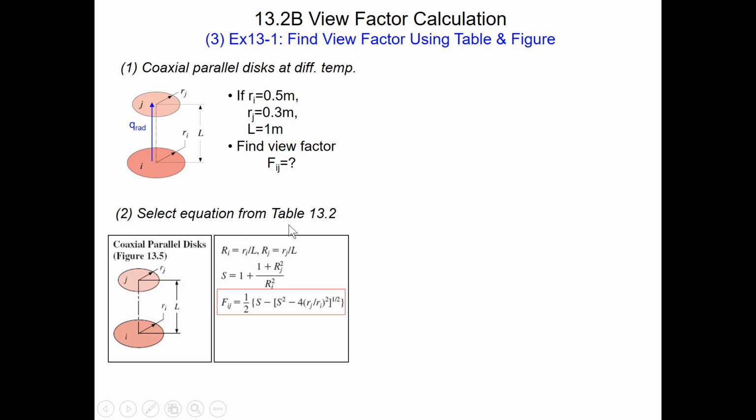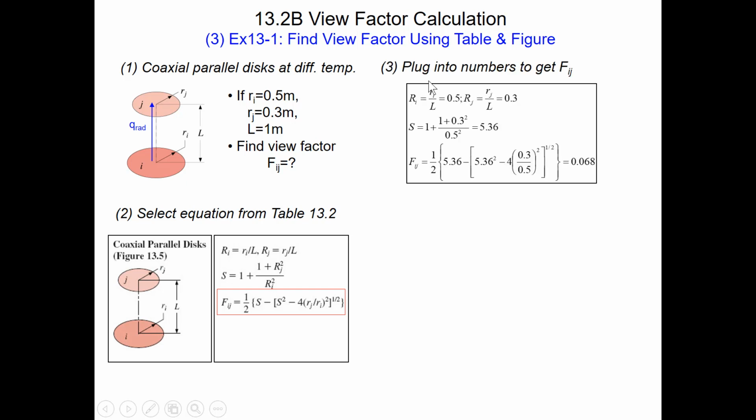Second, we go to table 13.2 to select the view factor equation because they have a similar geometry and orientation between surfaces. Third, we plug in numbers for Ri, Rj, and S, then into view factor Fij to get its value.